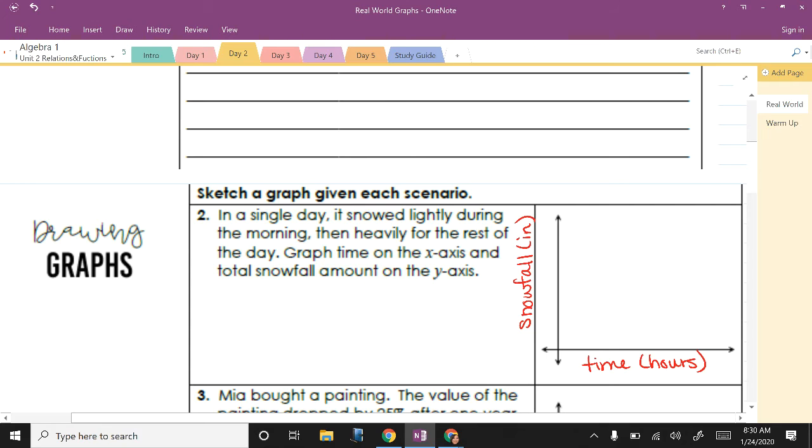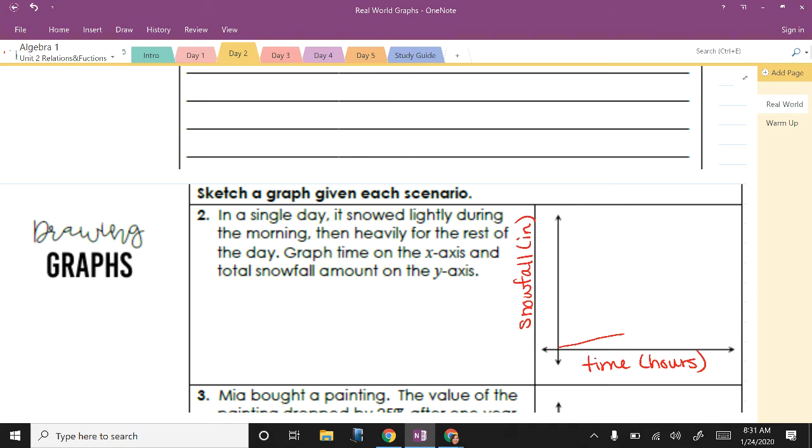Now, okay, here's the question. If it is snowing, the snowfall is going to continually go up, right? But it's snowing lightly, so this is just a little slow slant line, right? Y'all see that? Okay. All right. Then it says, then heavily for the rest of the day.